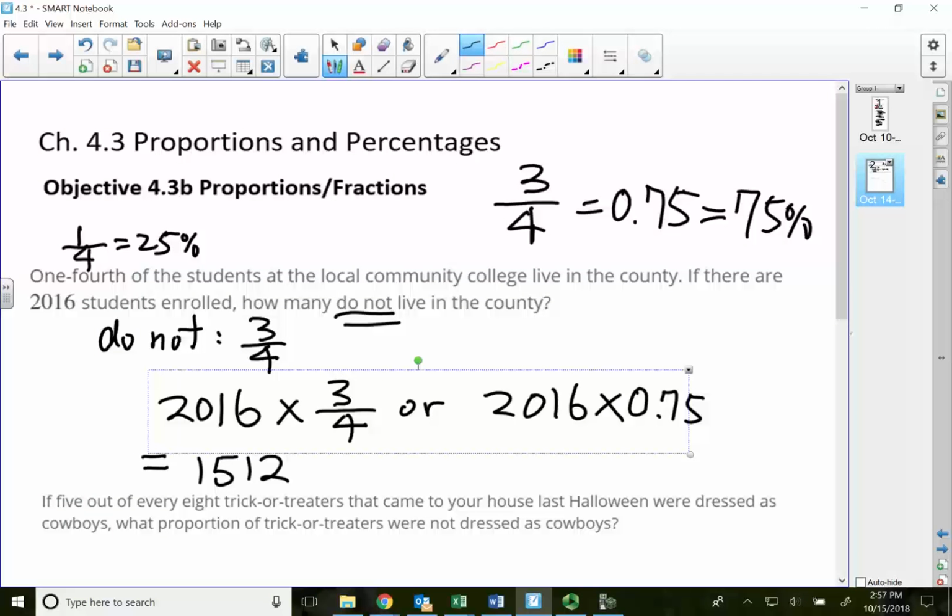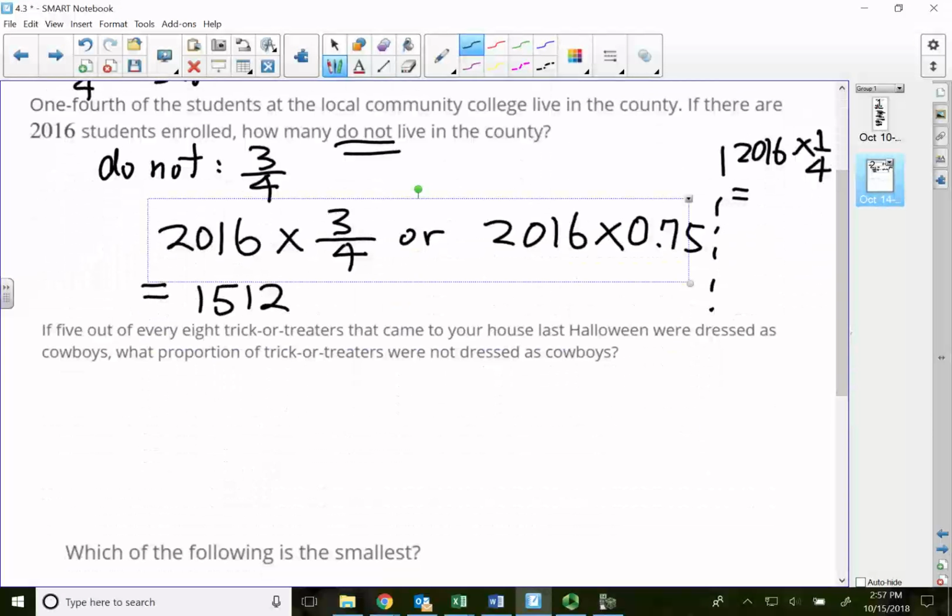Now, what happens if you take 2016 times 1/4? That answer would be the students who do live in the county. Then take that number and subtract it from the total 2016, and that will still be 1512. Either way will work.